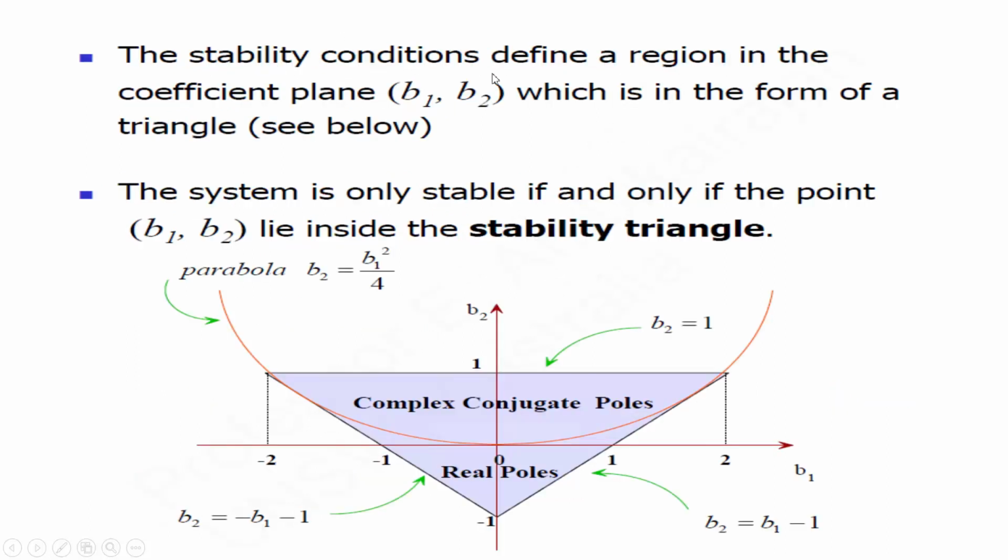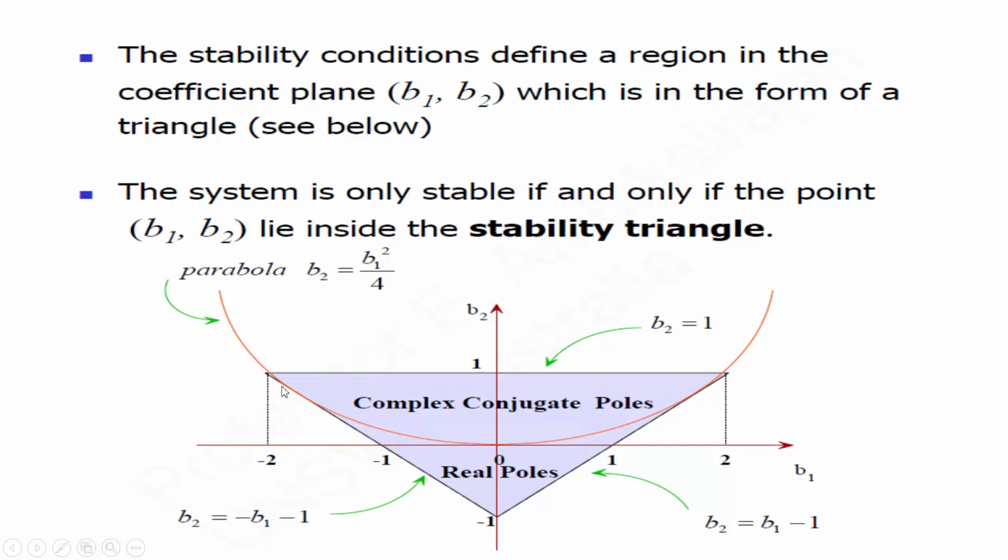Now the stability conditions define a region in the coefficient plane. We define a coefficient plane, with b1 along the x-axis and b2 along the y-axis, and the region is in the form of a triangle. Now let's look at how we have plotted this curve. The system is stable if and only if the point b1, b2, any point in the graph, lies inside the stability triangle.